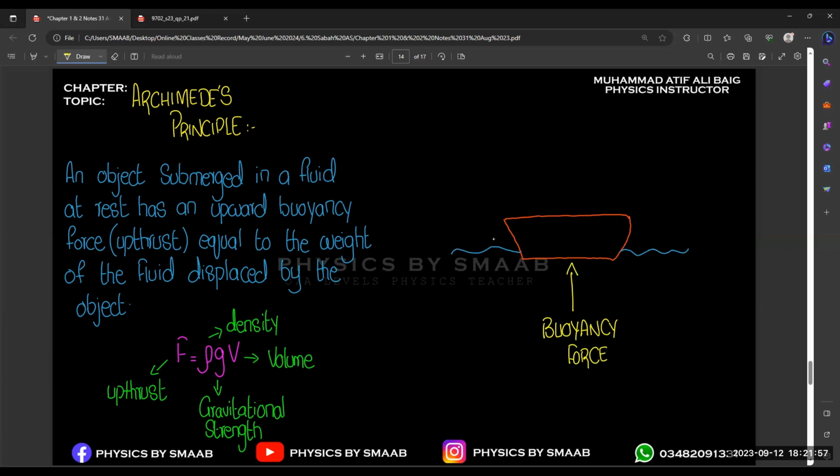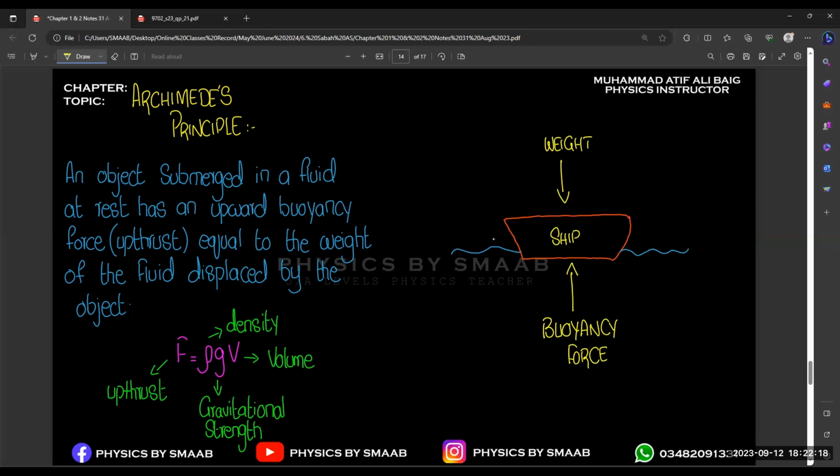And the second one acts in the downward direction, which is the weight of the body, right? Yes, also the gravitational force is part of the weight, right?